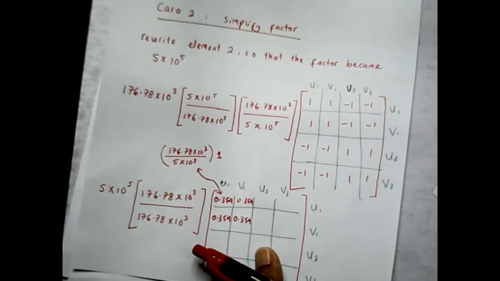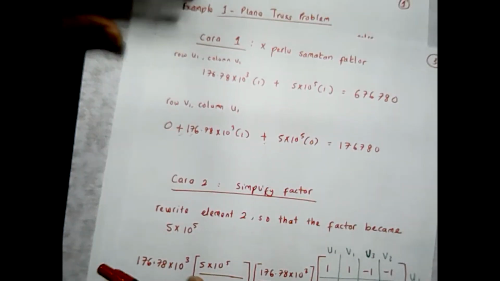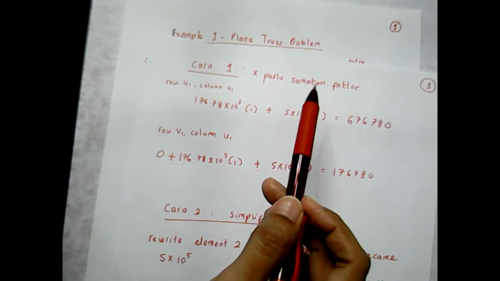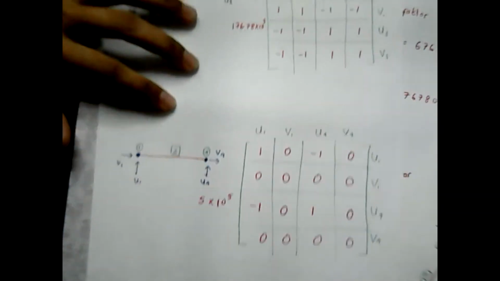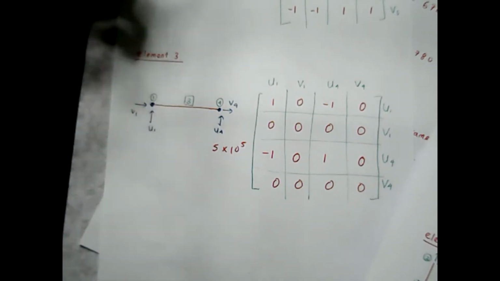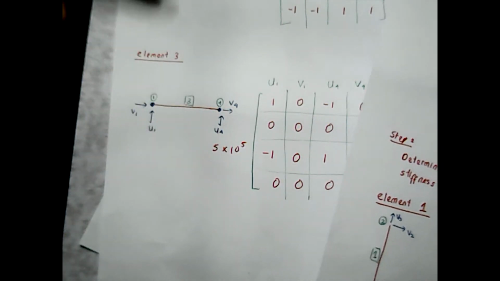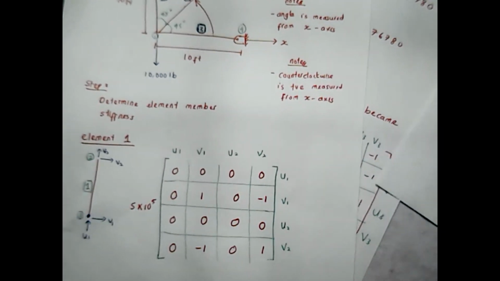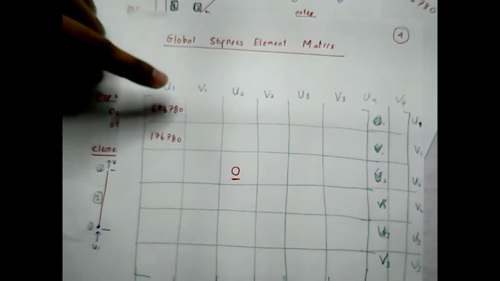As I mentioned earlier, you have two ways. The first one, because your factors for K stiffness are not the same for element number 1, element number 2 and element number 3, the easiest way is just add them up as it is and you will get a big number like here.